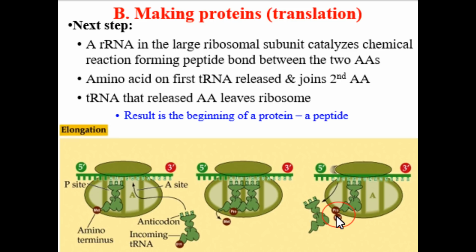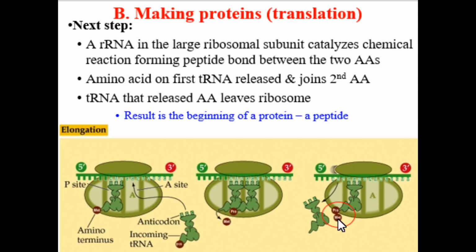Now this peptide bond is formed between the methionine, which was the first amino acid, and the proline, which is the second amino acid. There's a bond that's formed between them, two peptides, and as this continues to grow and you have 3 amino acids and 4 amino acids, 5 amino acids, this is called a polypeptide. Some of you have probably heard of polypeptides.